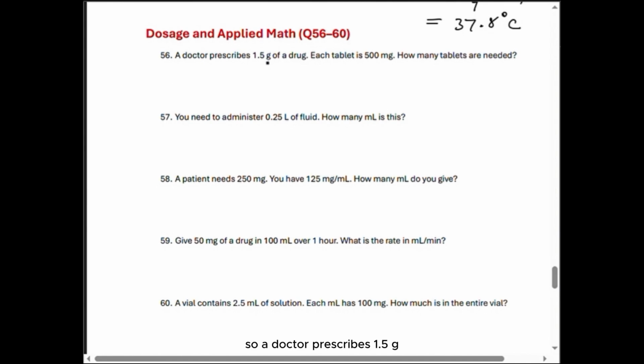So a doctor prescribes 1.5 grams of drug, and you're given each tablet to be 500 milligrams. That is 500 milligrams equates to one tablet.